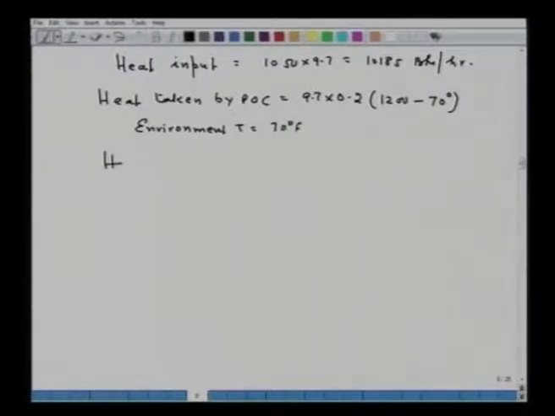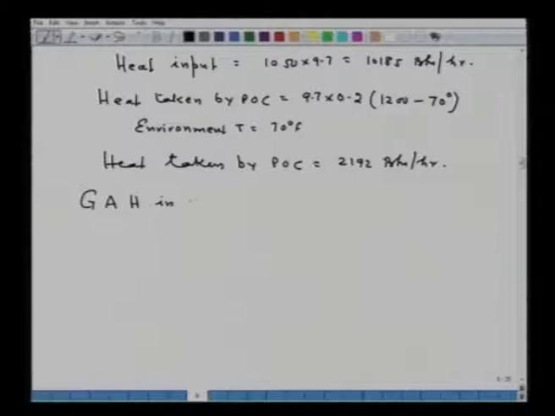So, heat taken by POC will be equal to 2192 BTU per hour. That means the gross available heat, the concept I already introduced in my earlier lecture on furnace, will be equal to 10,185 minus 2260, which is 7925 BTU per hour.